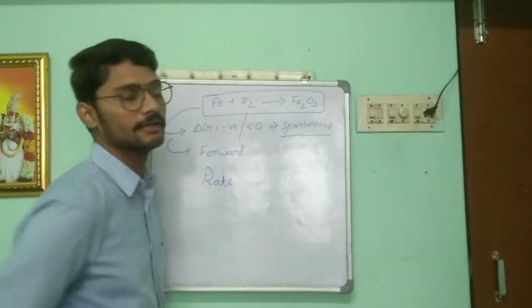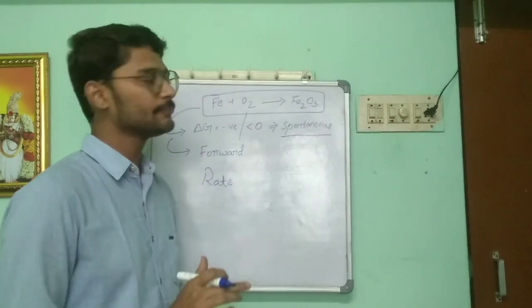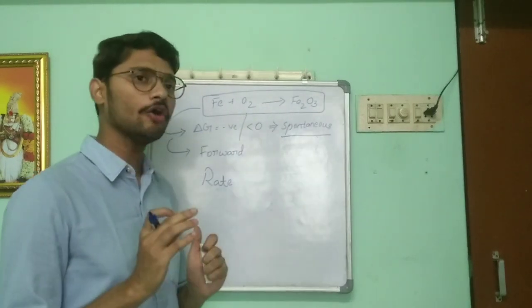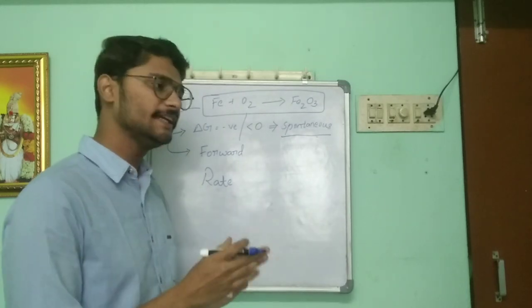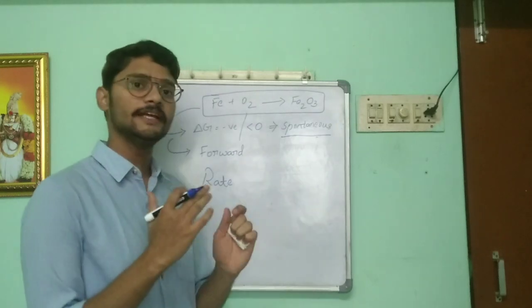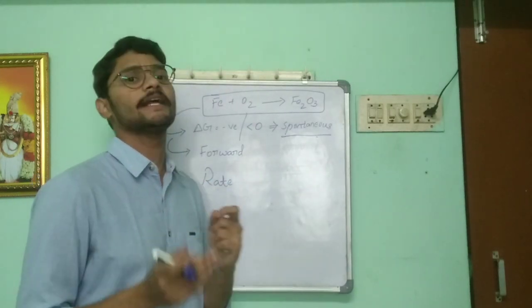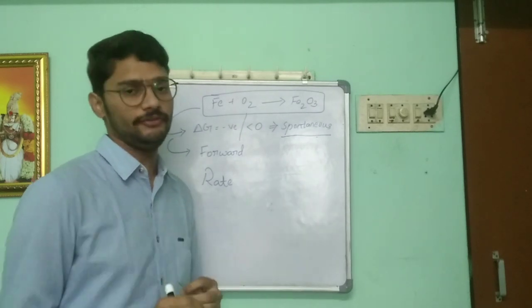In case of rusting of iron, you might all have observed what rusting of iron is, right? How much time will it take for the rusting of iron to happen? It depends on the place where we live. If we are in a place where the moisture is too high, the rusting of iron will happen in a span of days or weeks.